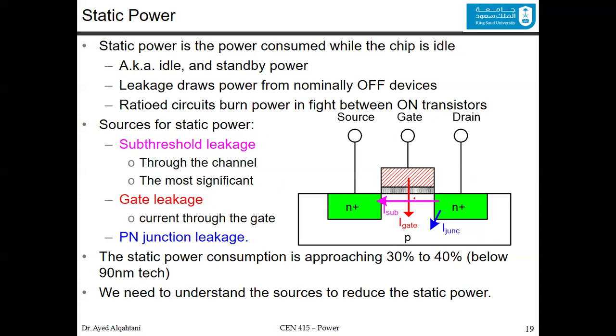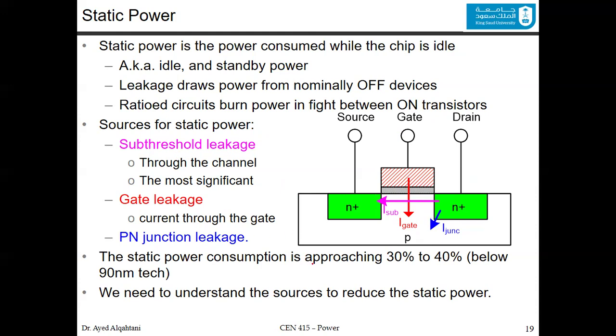The gate leakage will have a current going in this direction, and notice that in the gate there's not supposed to be any current going from the gate to the remaining body of the transistor. But we have a leakage. Similarly, we have the junction leakage, where the direction is the opposite of the normal p-n junction. So we have a leakage.